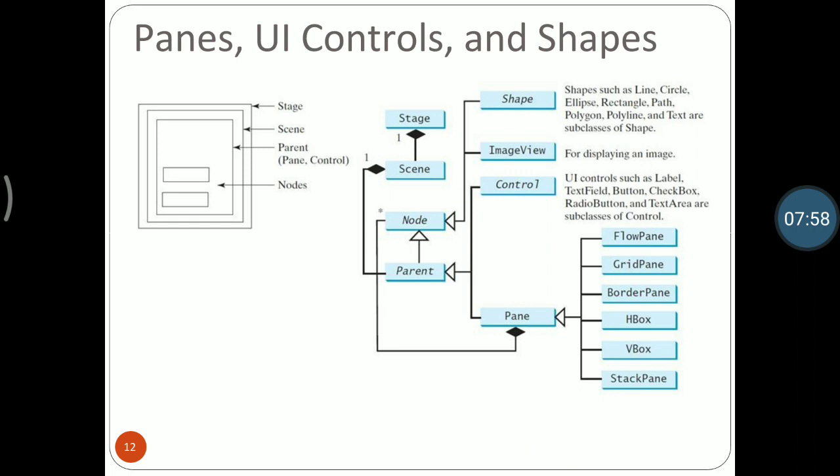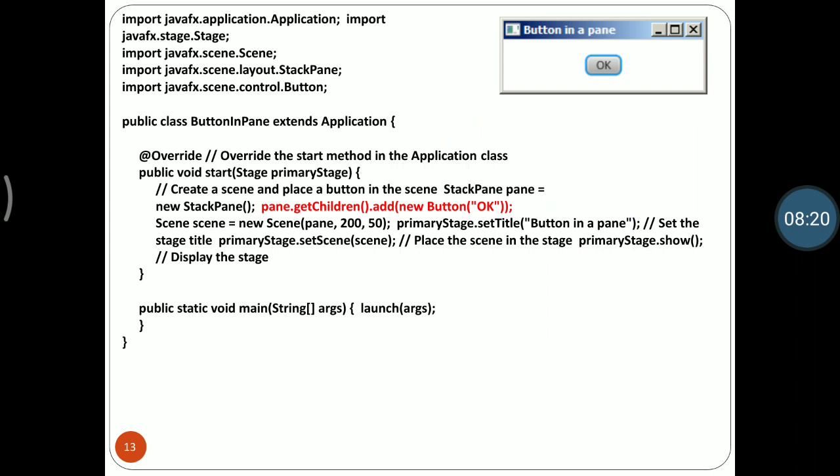Here we can say FlowPane, GridPane, BorderPane, HBox, VBox and StackPane are part of Pane. Control and Pane will interact with Parent. Shape and ImageView will interact with Node. And all of that will interact with the scene, and the scene will be part of a stage.